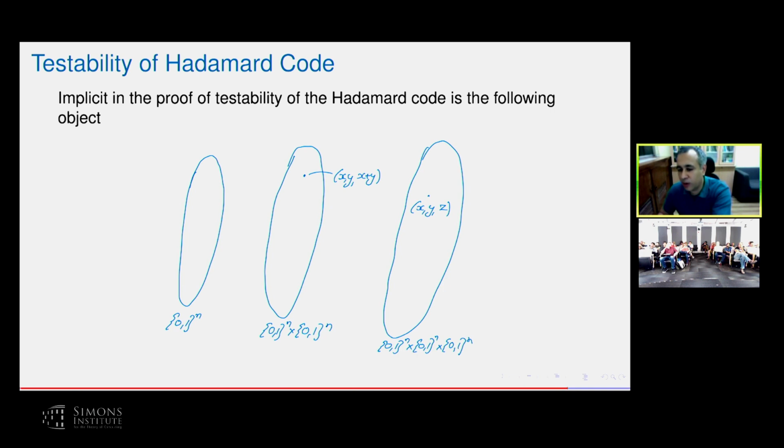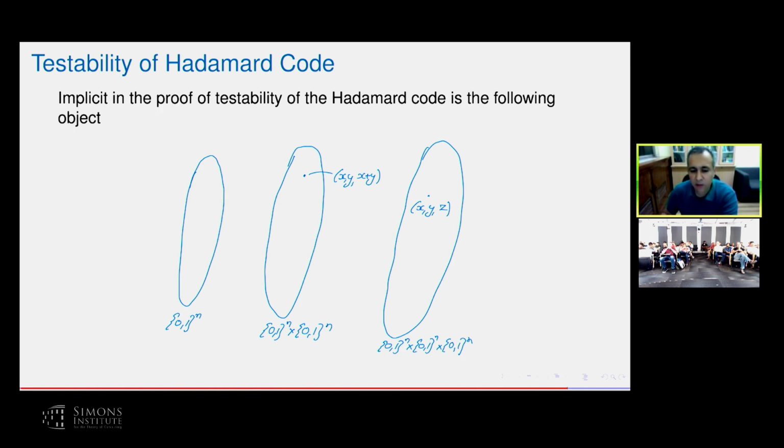It was talking about x, y, z. The second layer looks at x, y, x plus y. The third layer looks at x, y, x plus z, z plus y, x plus y plus z. It looks at those constraints. The fact that this extra layer exists is what makes the local testability proof go through.